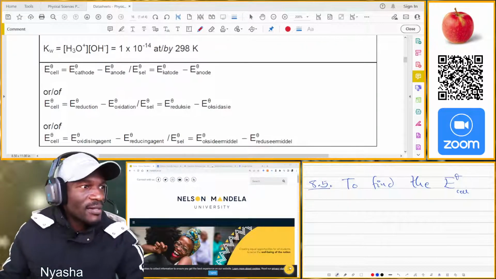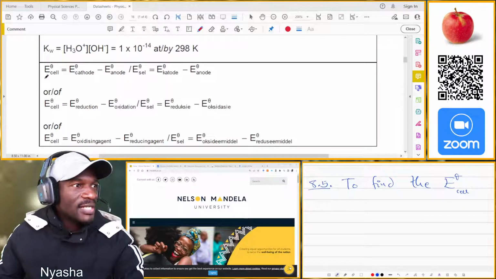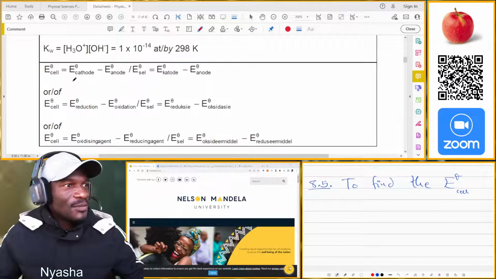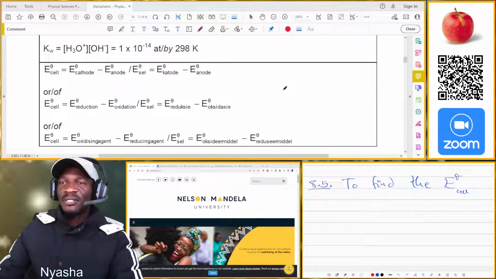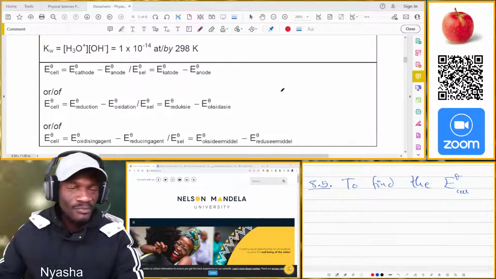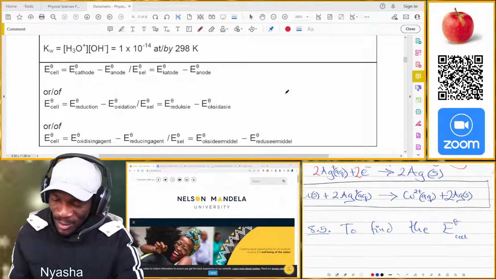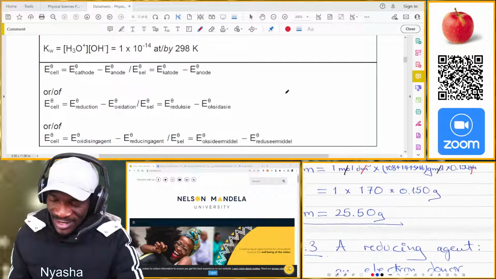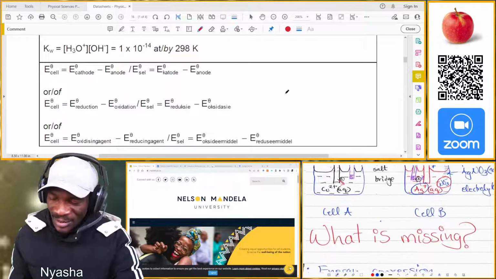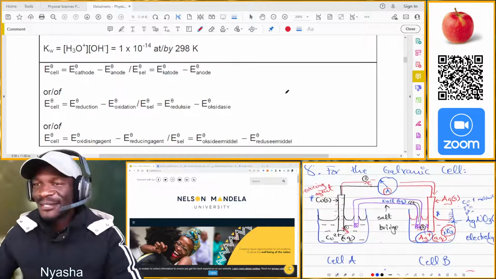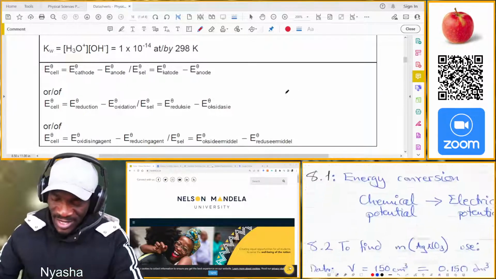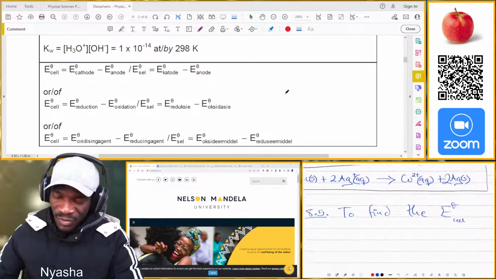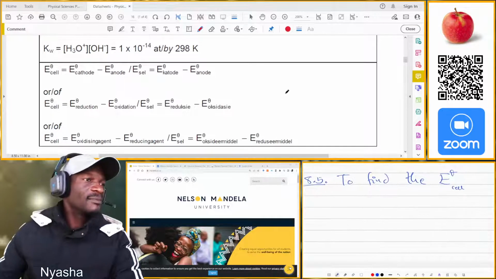The first one is an equation that reads E cell is equal to E cathode minus E anode. Which is the cathode? Which is the anode? So that's the question to ask oneself. So tell us which is the anode, which is the cathode of this galvanic cell.